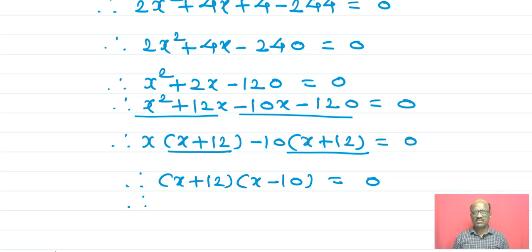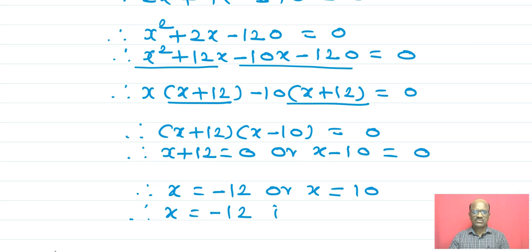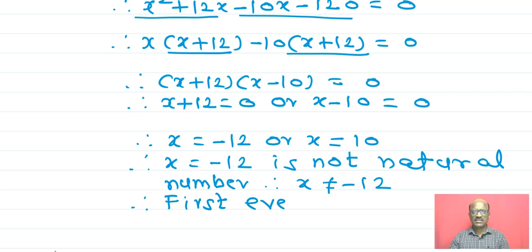Therefore, in first bracket x plus 12, in second bracket x minus 10 equals 0. Therefore, x plus 12 equals 0 or x minus 10 equals 0. Therefore, x equals minus 12 or x equals 10. x equals minus 12 is not possible, it is not a natural number, and hence the first even natural number is 10. And second is 12.